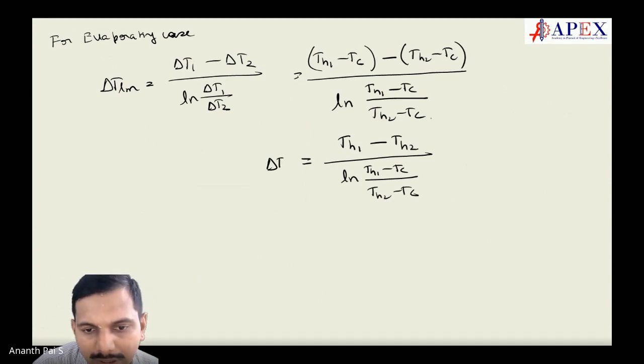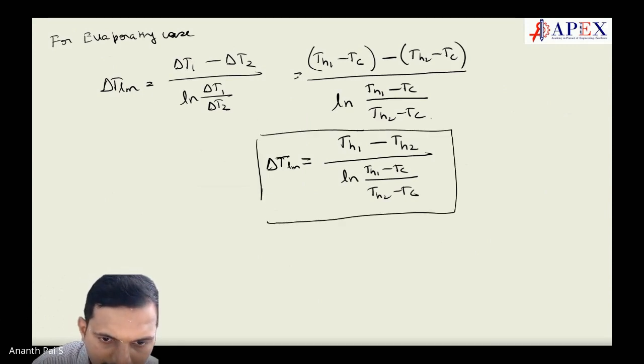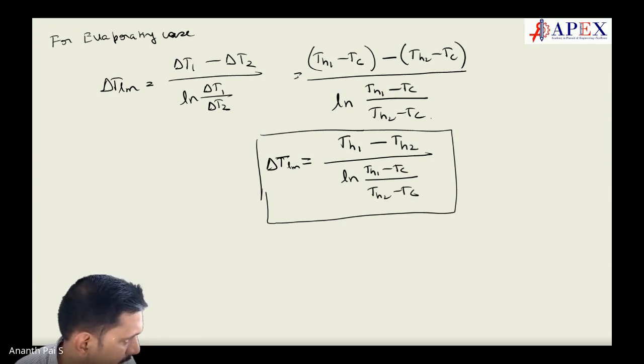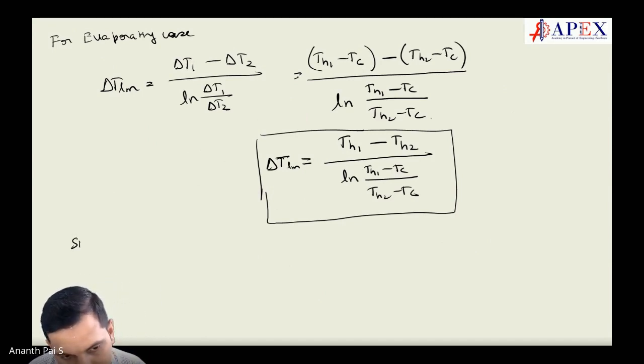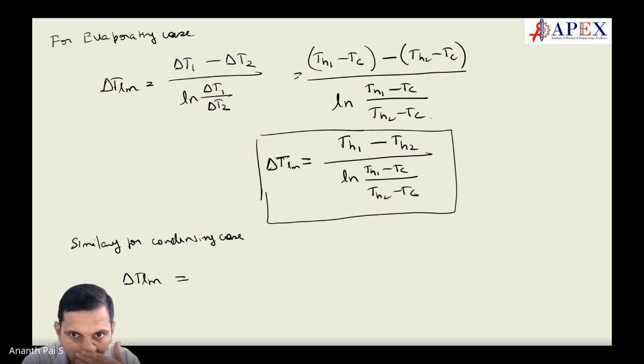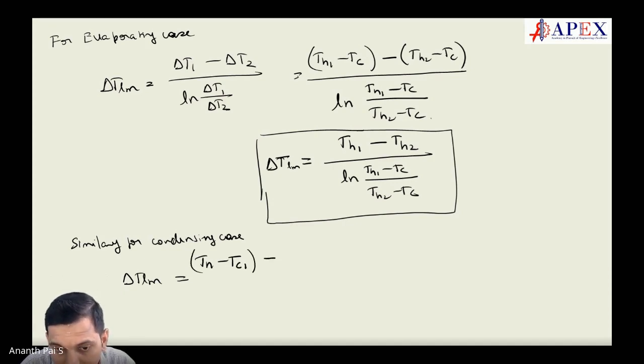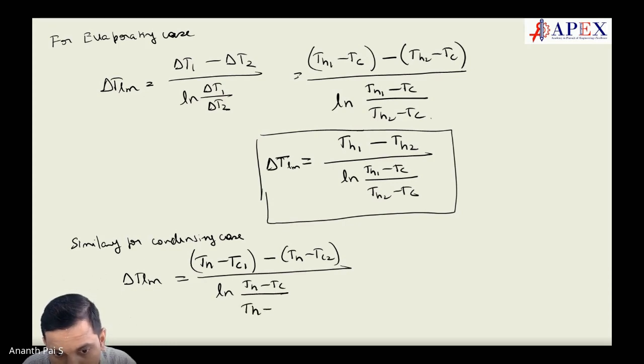This was the delta T log mean. Similarly, if you consider the other way around, the condensing case, delta T Lm would be equal to, observe here, TH minus TC1 minus TH minus TC2, divided by log of TH minus TC1 divided by TH minus TC2.